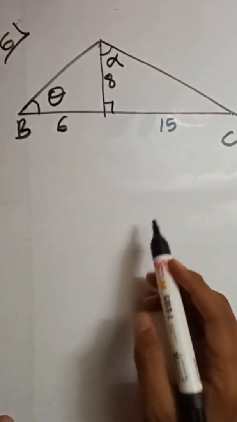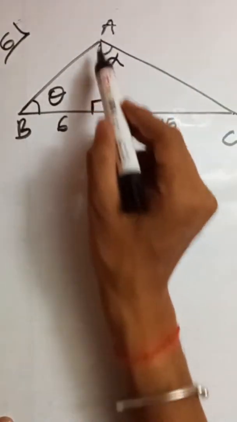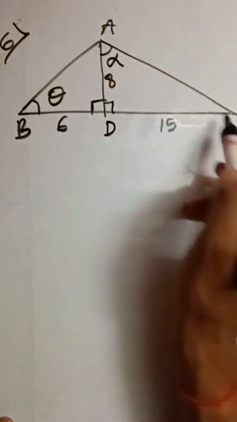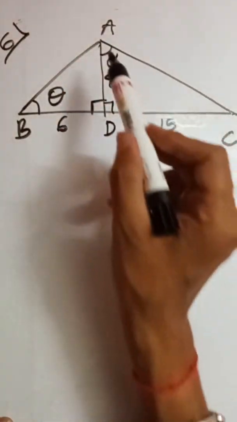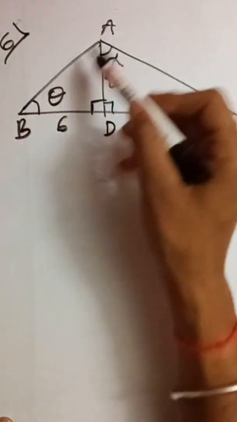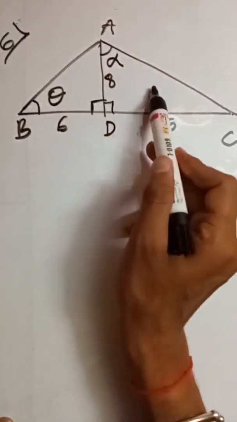Now again in this question, there are two right angle triangles. This is a right angle triangle ADC, where AC is the hypotenuse, and ADB is a right angle triangle where AB is the hypotenuse. So in both the triangles you will apply Pythagoras theorem.